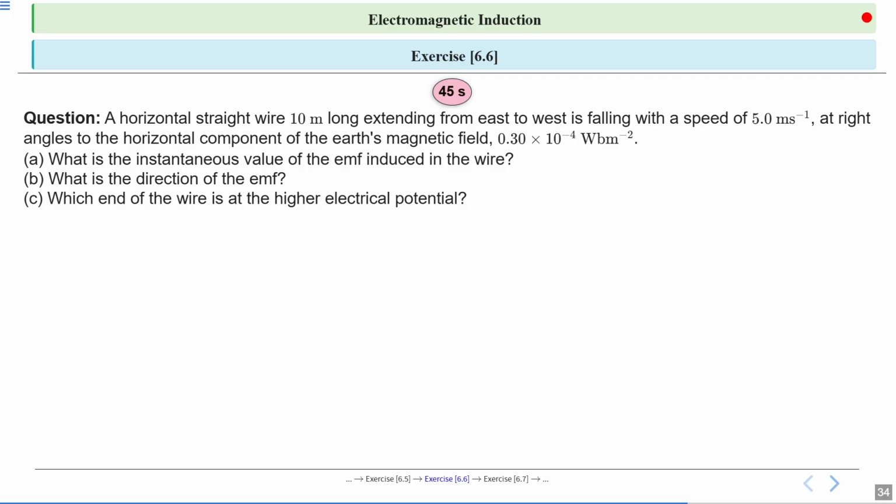So magnitude of magnetic field is also given, 0.3 into 10 to the minus 4 Weber per meter square. A part, what is the instantaneous value of EMF induced in the wire? B part, what is the direction of the EMF? C part, which end of the wire is at higher electric potential? So I will give you some time to think about it.